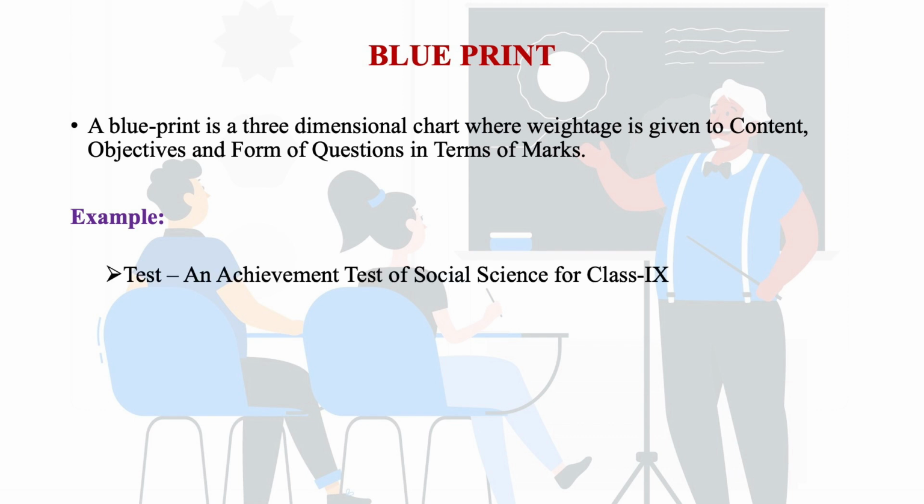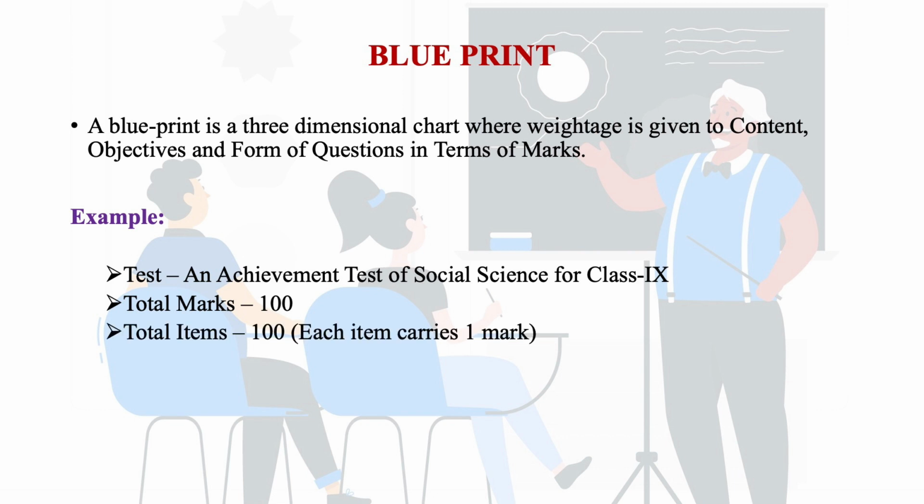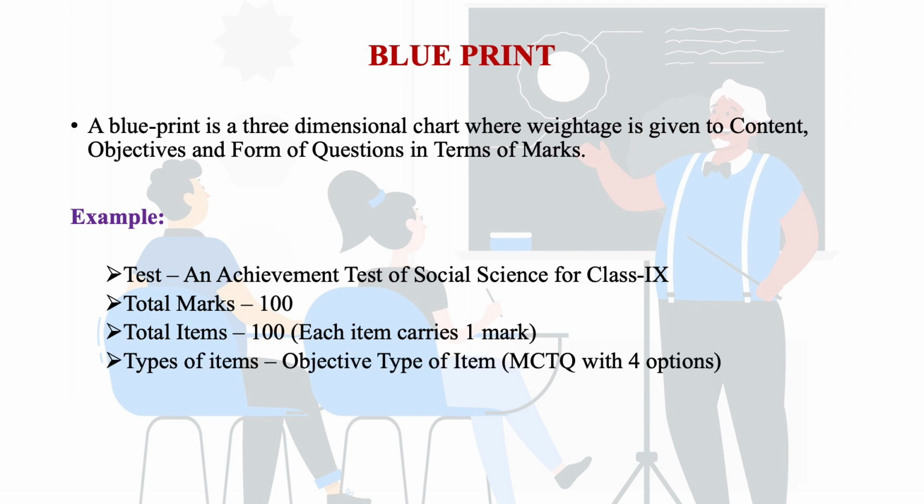Okay, as an example, take an achievement test of social science for class 9th students. Okay, an achievement test for social science, and the total mark of the test is 100, and the total number of items, that means the number of questions, will also be 100, and each item carries 1 mark. And the types of items are objective type items, that is multiple choice questions with 4 options.